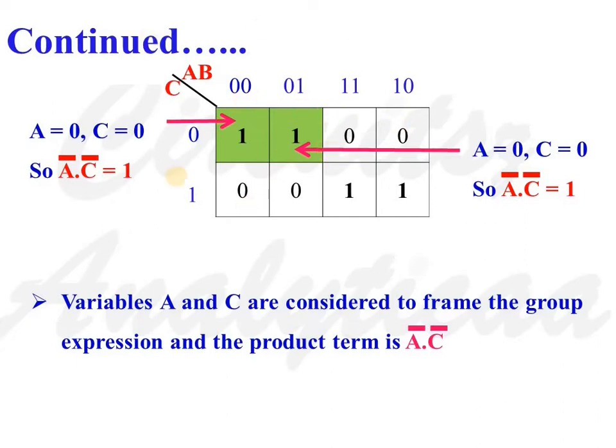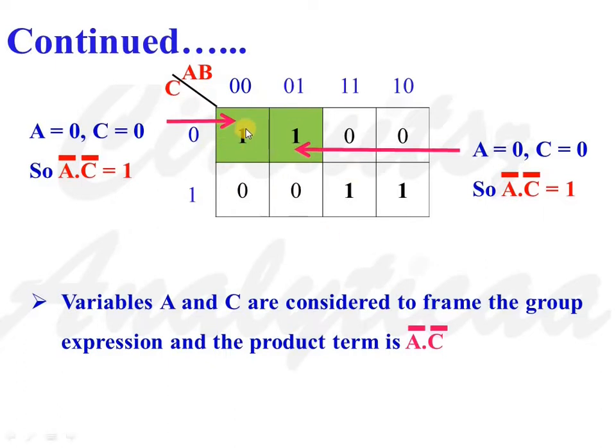For a group, if value of a variable is equal to 0, in the expression for product term, that variable appears in complemented form. And if value of a variable is equal to 1, in the expression for the product term, that appears in the true form.